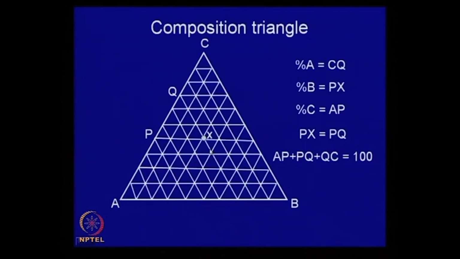Let us begin this lecture with the composition triangle, which is shown over here. This corner represents pure A, this corner represents pure B, this corner represents pure C. Now, on this triangle, like in a 2D graph, several lines can be constructed which represent composition in some way.